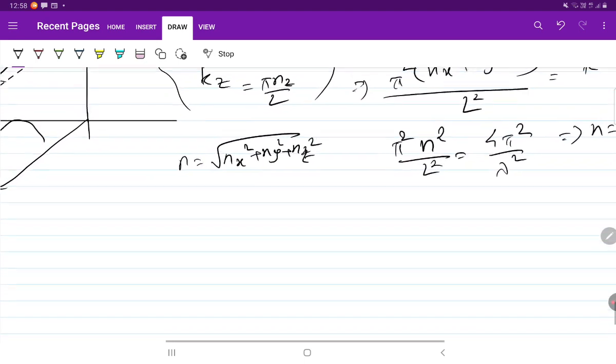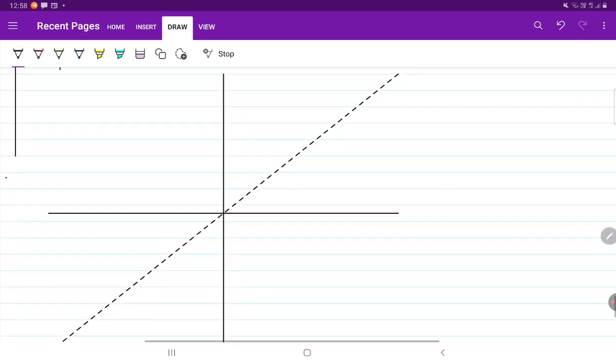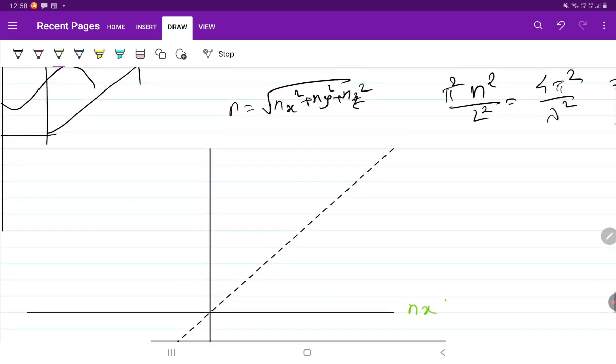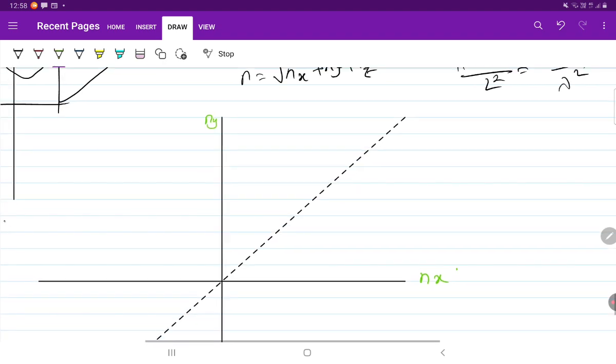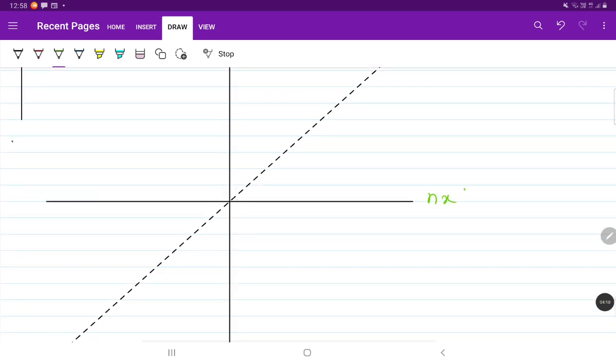Now I will consider another 3D coordinate system, and I will name it the number space. This number space consists of nx, ny, and nz, right? In this number space, I consider a vector given as the n vector.